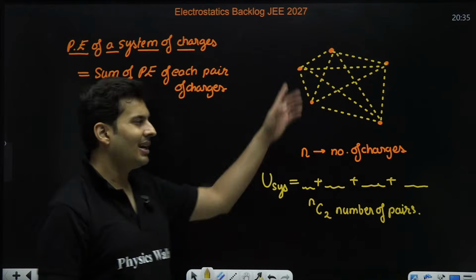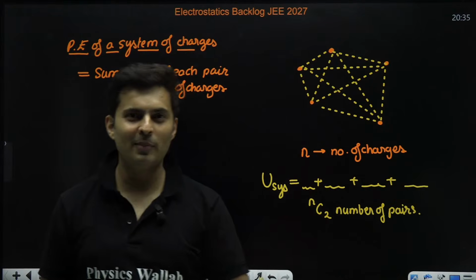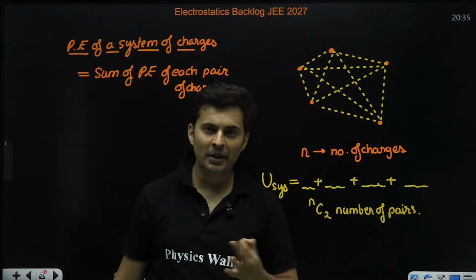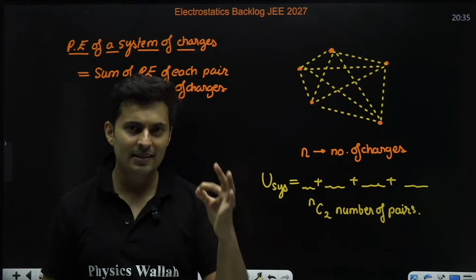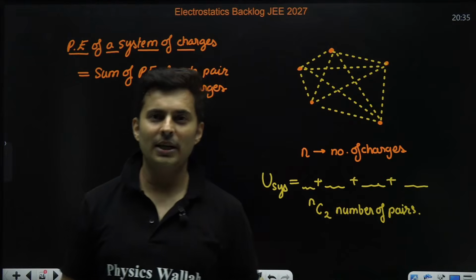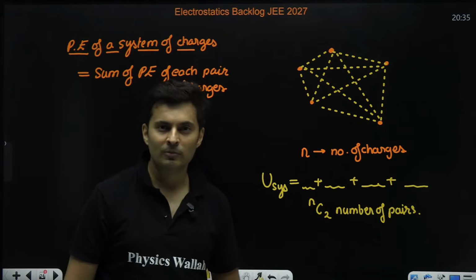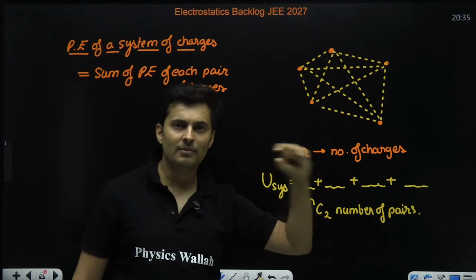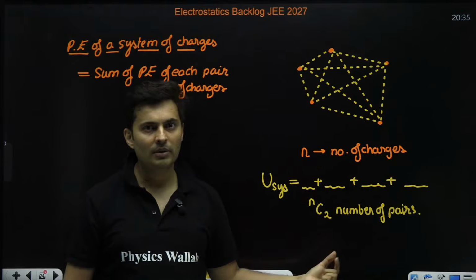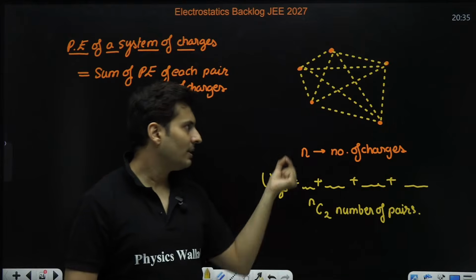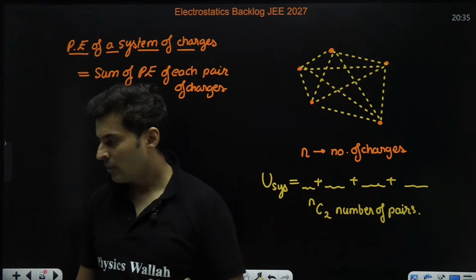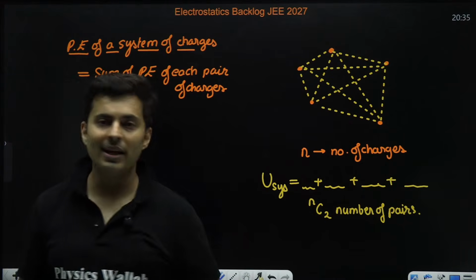And this is a standard problem of mathematics: if there are n non-collinear points, how many line segments can be drawn from them? That is NC2. You have n objects and you take 2 at a time, so how many combinations are possible? NC2. So if there are n charges, you will get NC2 terms. What do I mean by it? We'll also see it via an example.